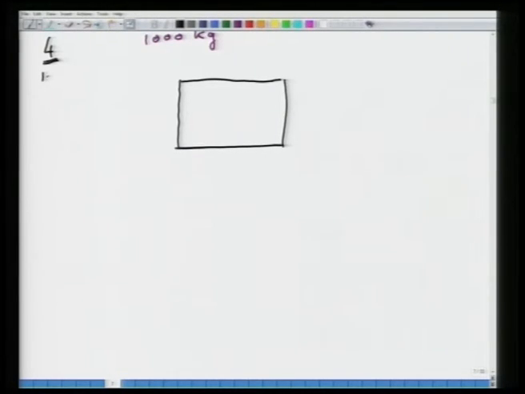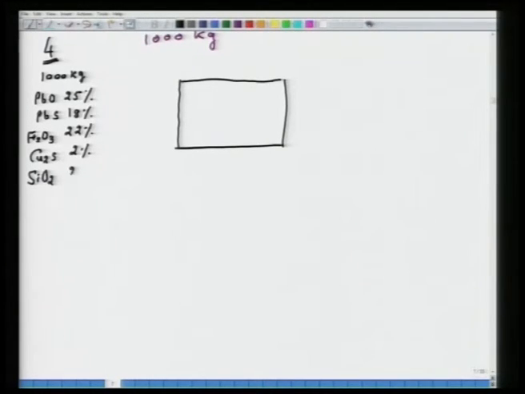The composition is PbO 25%, PbS 18%, Fe2O3 22%, Cu2S 2%, SiO2 29%, and calcium oxide is 4%. That is the ore.